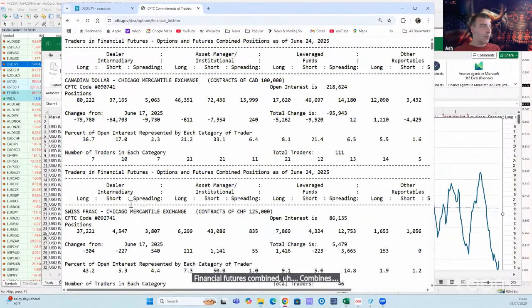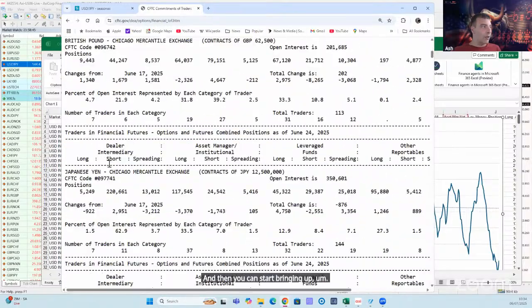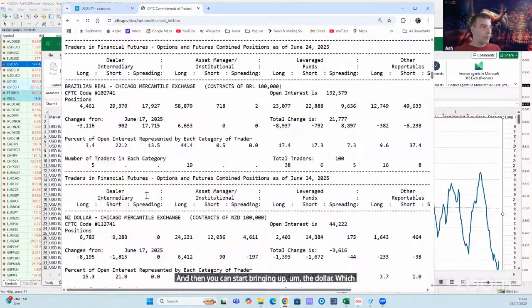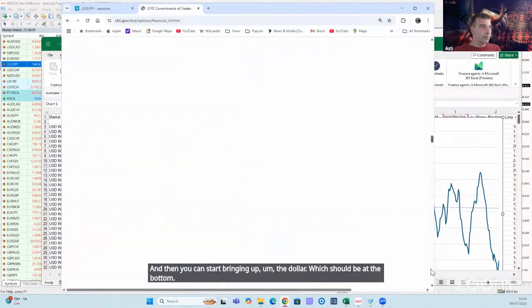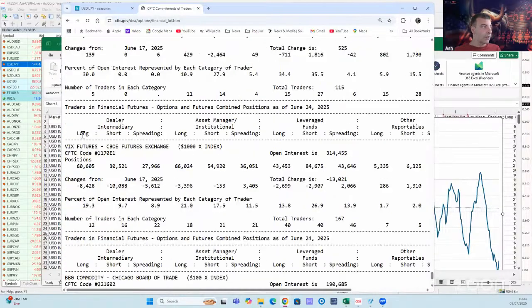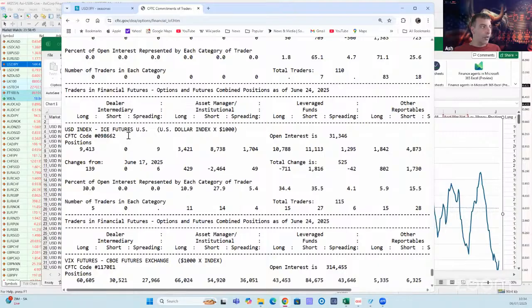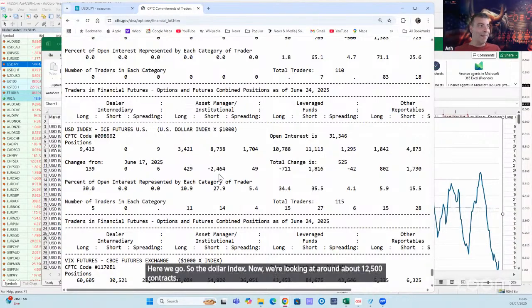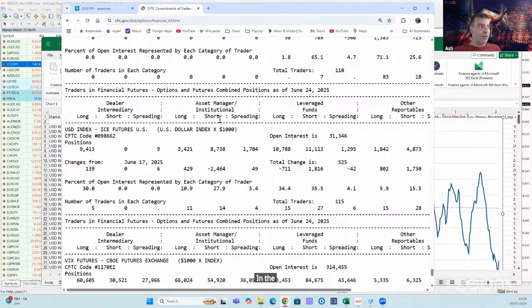And then you can start bringing up the dollar, which should be at the bottom. Here we go. So the dollar index. Now we're looking at around about 12,500 contracts in the asset managers area.